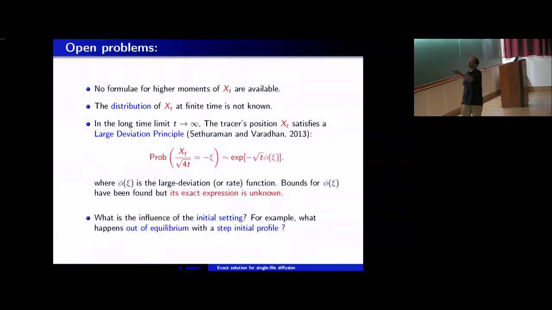And one thing which was proved quite recently by Sethuraman and Varadhan, again, highly distinguished mathematicians, is that the distribution of this position x_t satisfies the so-called large deviation principle, which means that if you look at the probability of being at position x_t for large times, rescaled by square root of t, the 4 is here only for aesthetic reasons, then this probability is exponentially vanishing in square root of t, multiplied by a function phi of psi, which is in fact known as the rate function or the large deviation function.